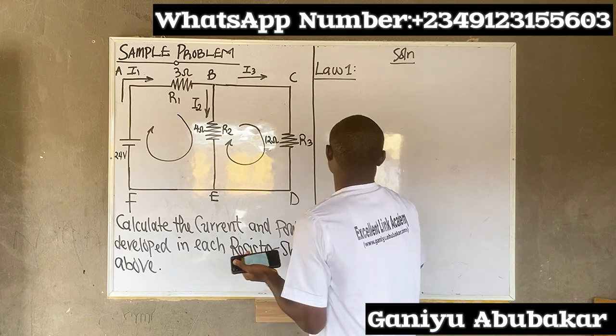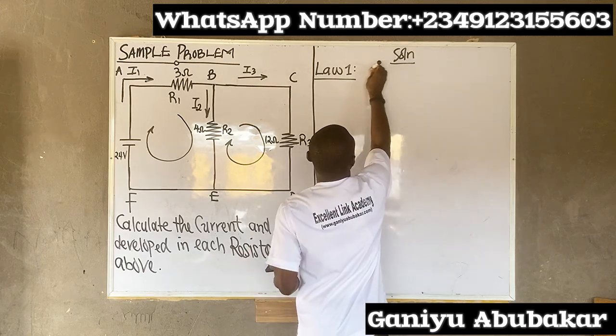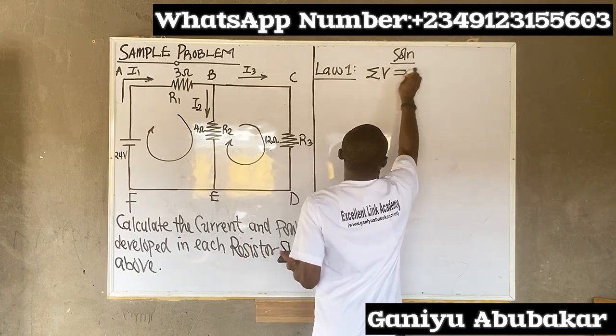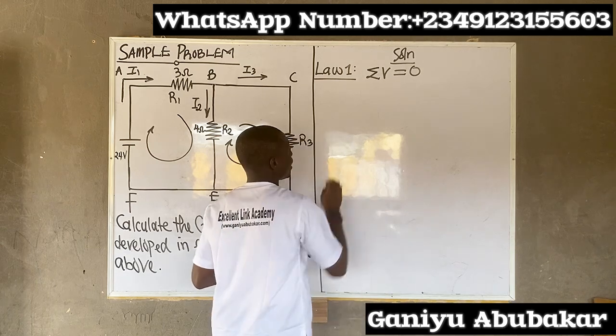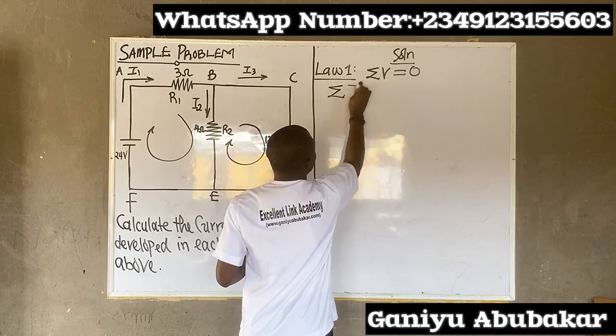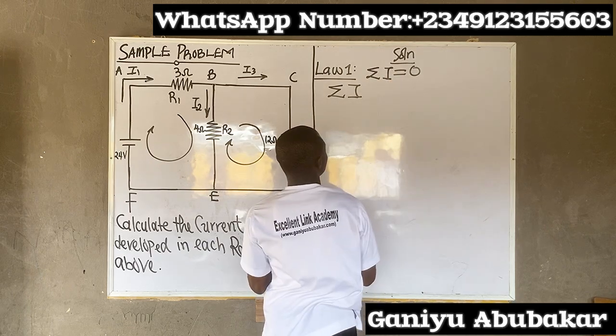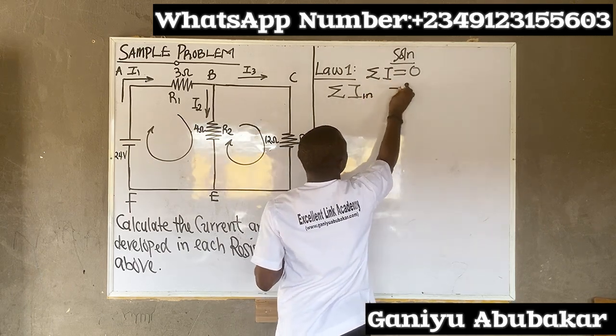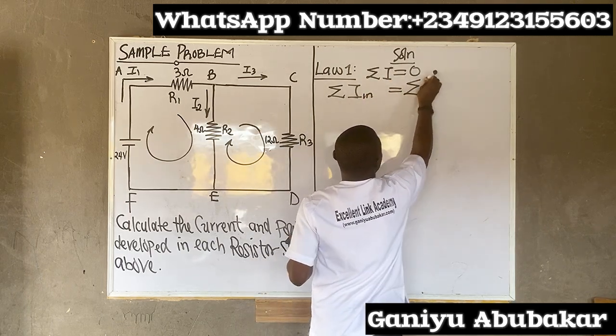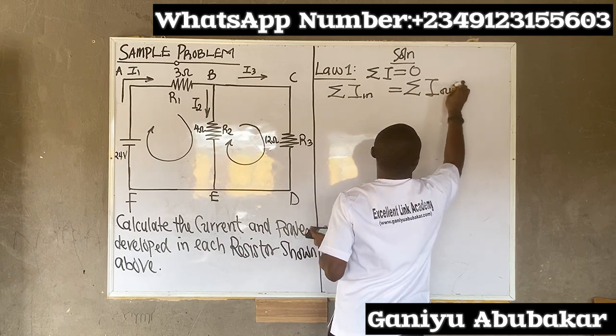So summation I in equals summation I out.